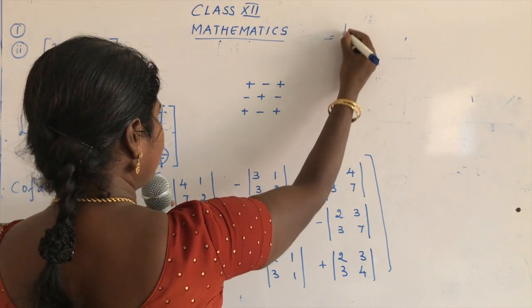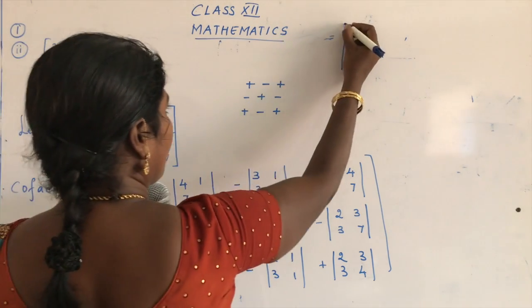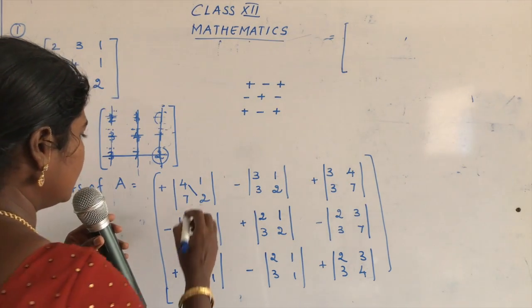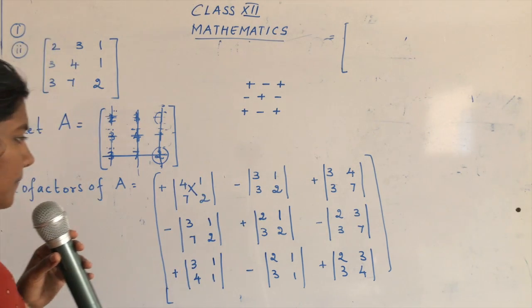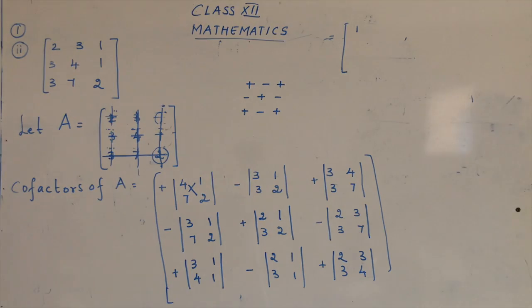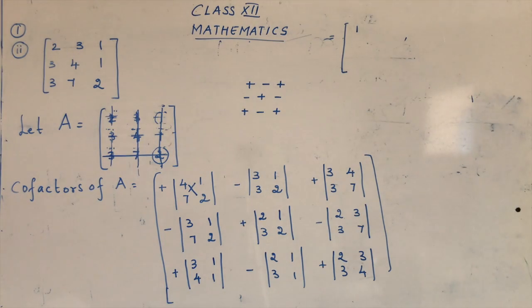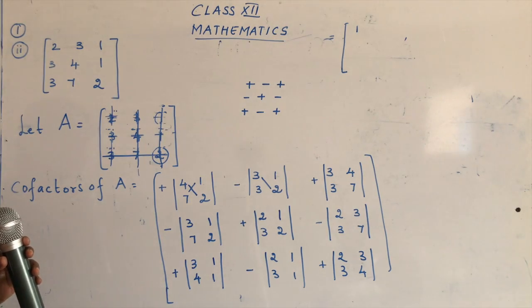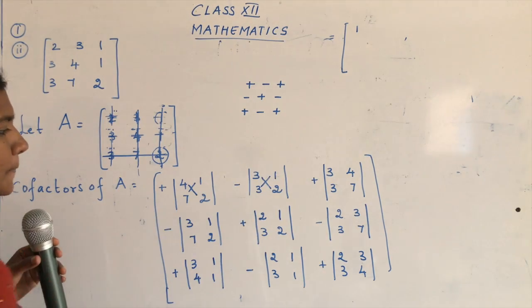So this is equal to 4 2s are 8, 8 minus 7. That is 1. Okay, now next. Tell me the answer. 3 2s are 6. 3 1s are 3.